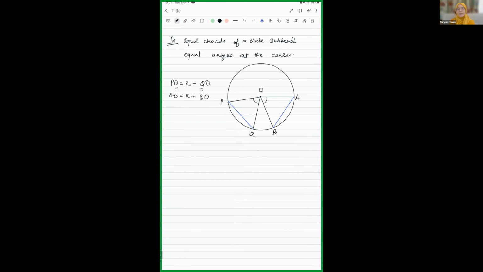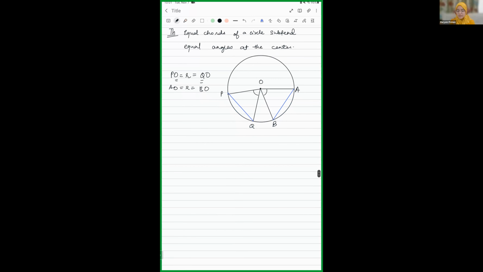Now, can you tell me how can we show that these two angles are equal? Just think about it. Given to you are two isosceles triangles.